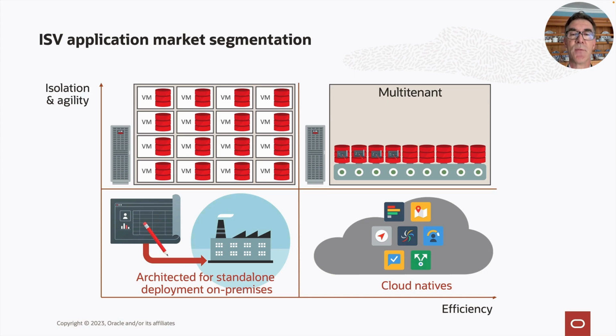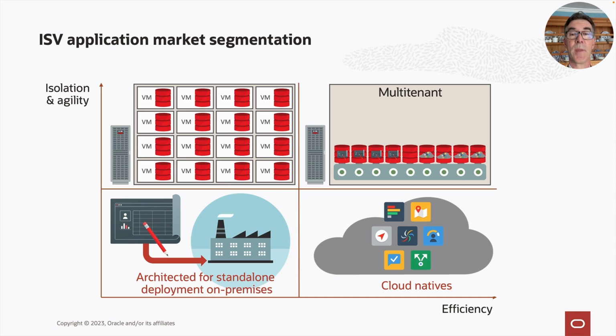It's extremely difficult to imagine how you might re-architect an older app, one in the bottom left corner, to adopt this model. This is where Multitenant comes in. Multitenant enables world-class SaaS that delivers the economies of scale of the first-generation SaaS vendors without compromising the isolation and agility afforded by the standalone architecture.